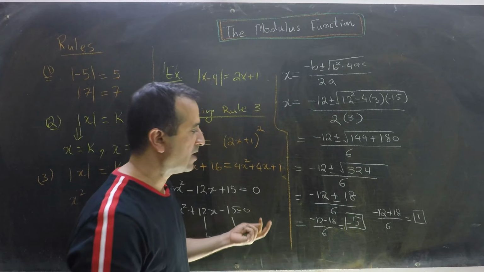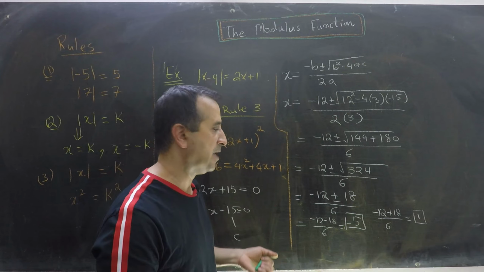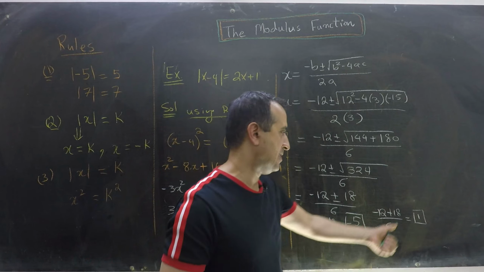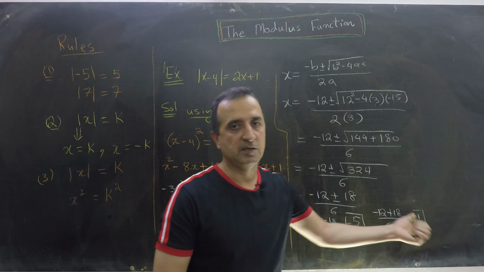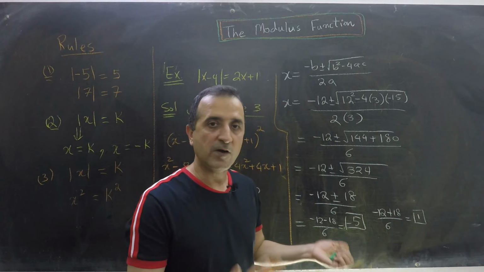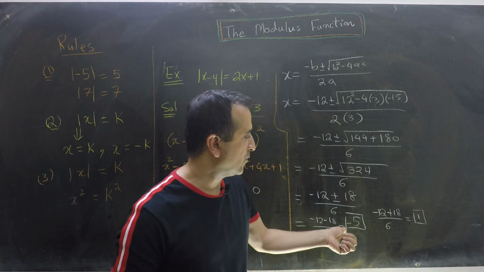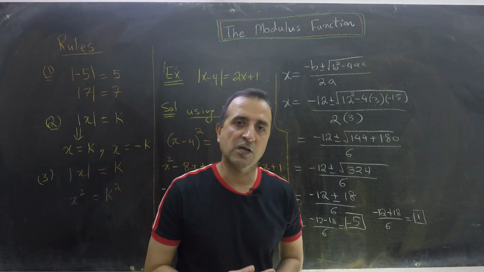So once again we are able to find the same values that we found in our previous attempt of the same example, minus 5 and 1. But remember that these two answers are not both correct. Only one of the answers is correct. My correct answer is 1, because if I put minus 5 in my original equation, then my left hand side is not equal to right hand side.